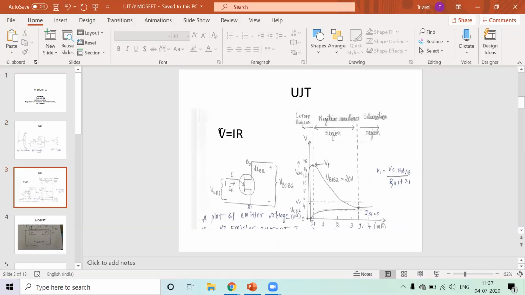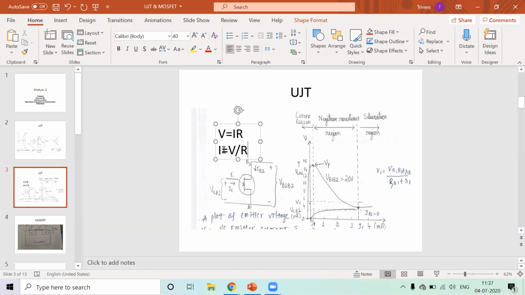As you all know, V is equal to IR. So I is equal to V by R, right?